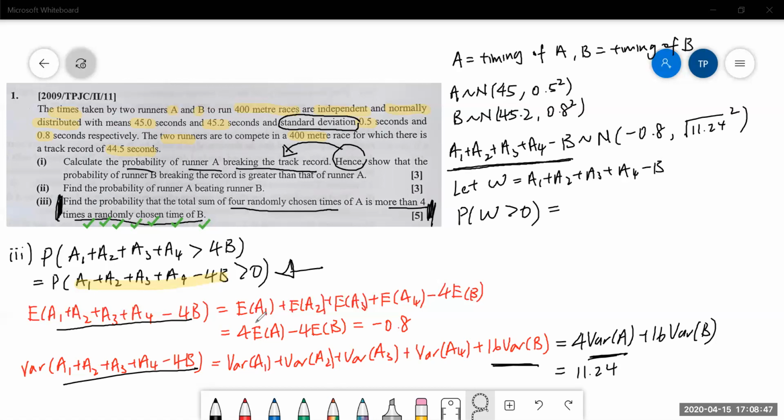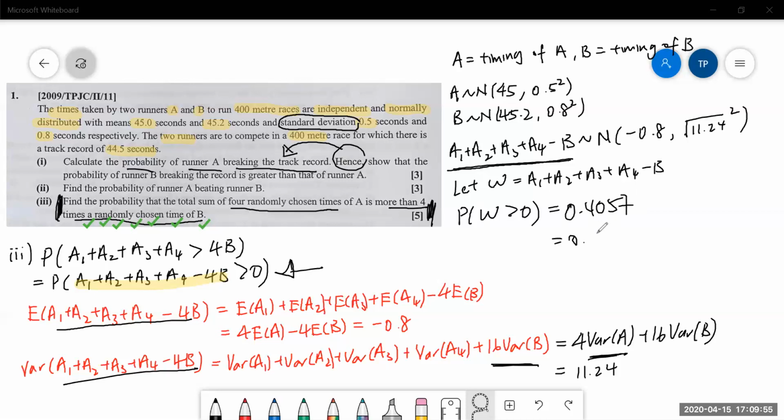Can you find the answer for me using normal CDF? 0.4057.